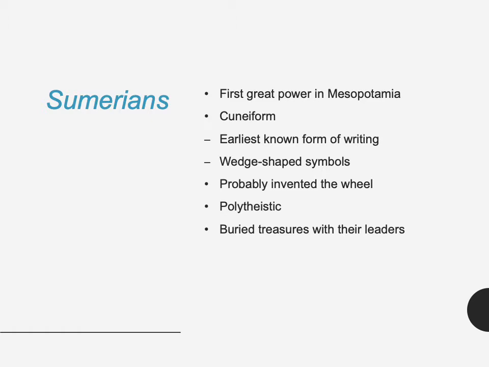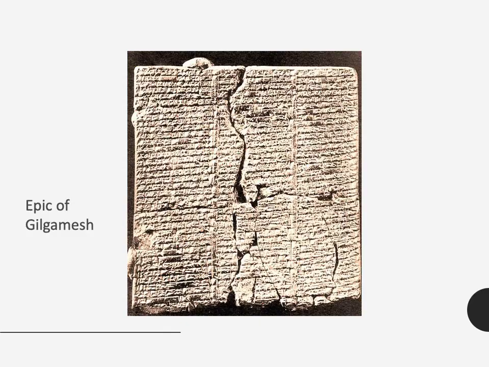They were polytheistic. It means that they believed in several gods, and they believed that their kings are very powerful, and they had this belief that he is a semi-god.